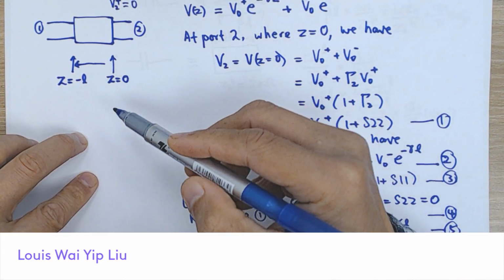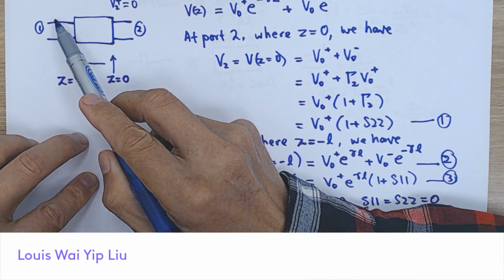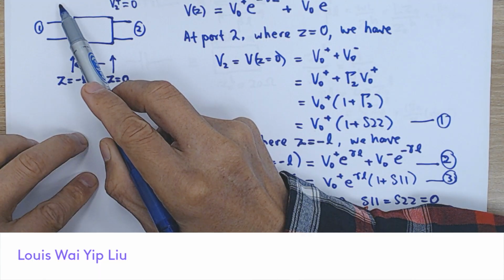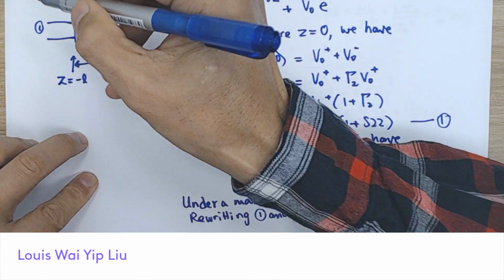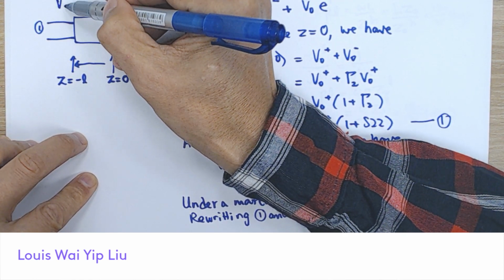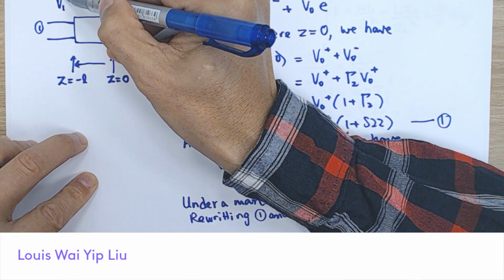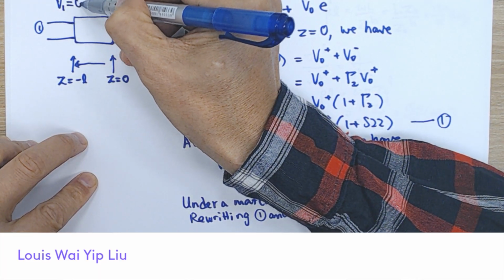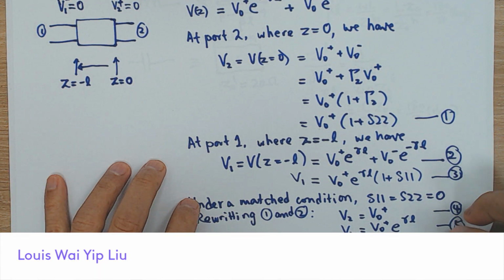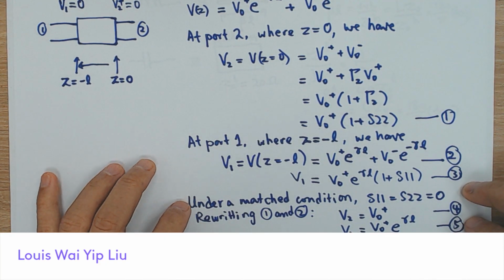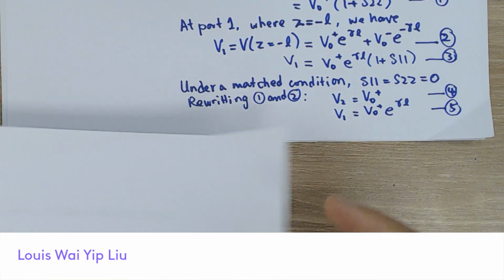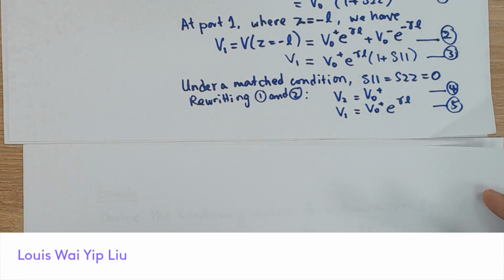And also we need to be clear that at port 1, under a fully matched condition, there should be no reflection. In this case, V1 minus should be equal to 0. So this is a very important condition that we have to use. So let's continue.